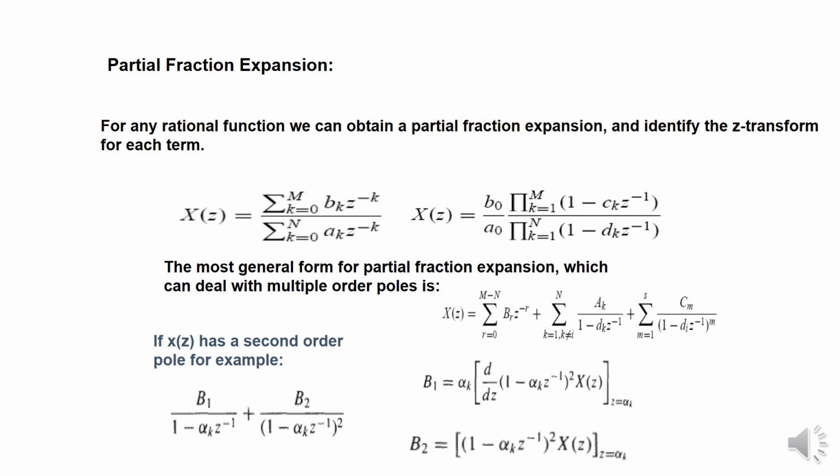So this shows you a theoretical example, right? When you have X(z) as mentioned like this, then you can find the partial fractions of X(z) as given below, right? X(z) will be equal to the sum over r equals 0 to m minus n of b_r z^-r plus the sum over k equals 1 to N, and k not equal to i.